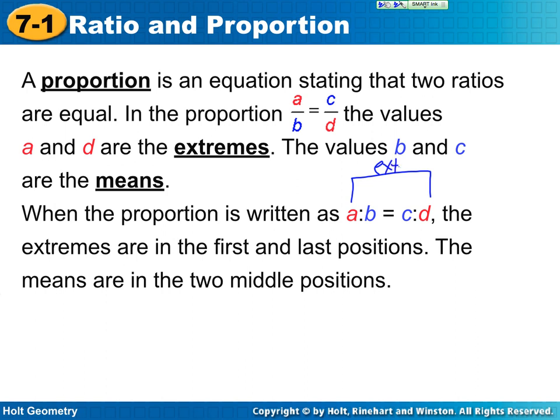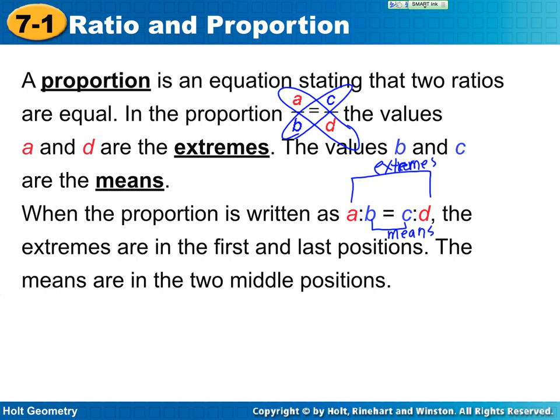Makes more sense in this form. And then the middle ones, that would be like mean, average, middle kind of ideas. Those are the means. The bottom one there, the top one there, those are the means. And these red ones are the extremes.